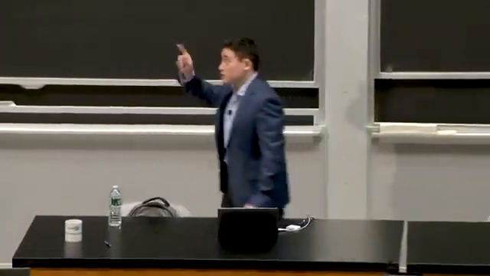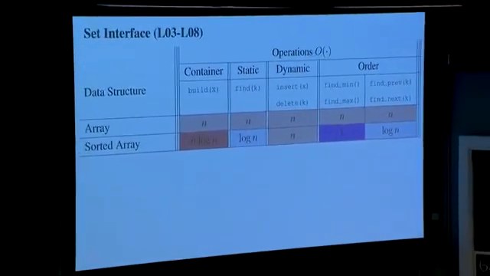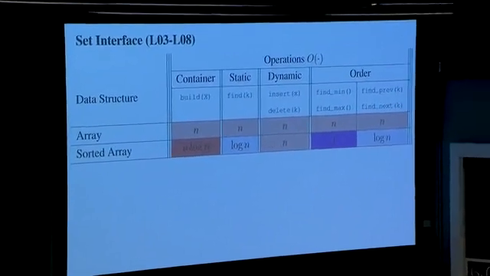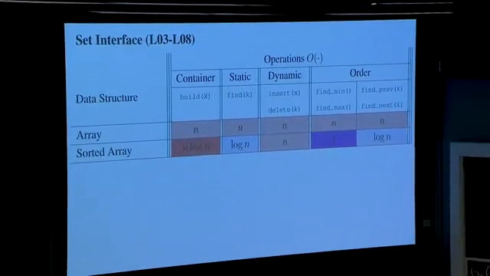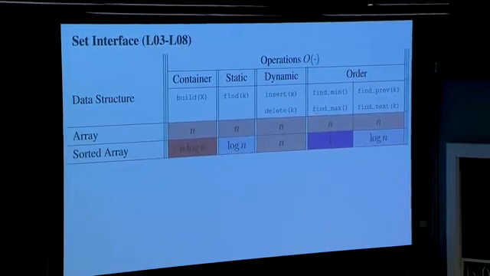On Tuesday, you saw two ways of implementing the set interface. One uses just an unsorted array: I threw these things in an array, and I could do a linear scan of my items to support basically any of these operations. It's a little exercise you can go through. I think they show it to you in the recitation notes, but if you'd like to implement it for yourself, that's fine.